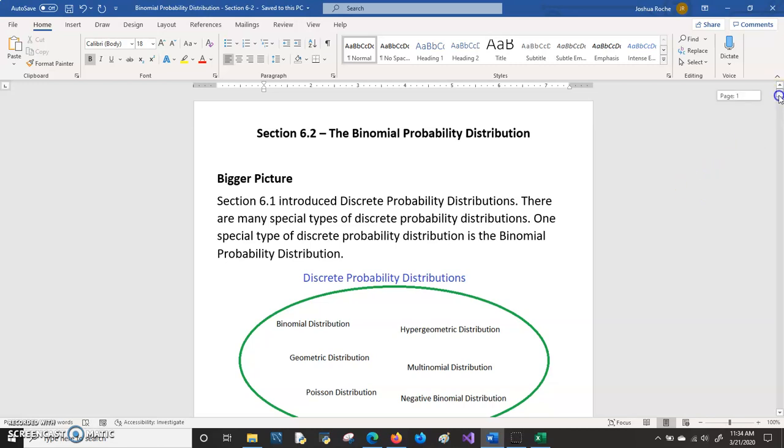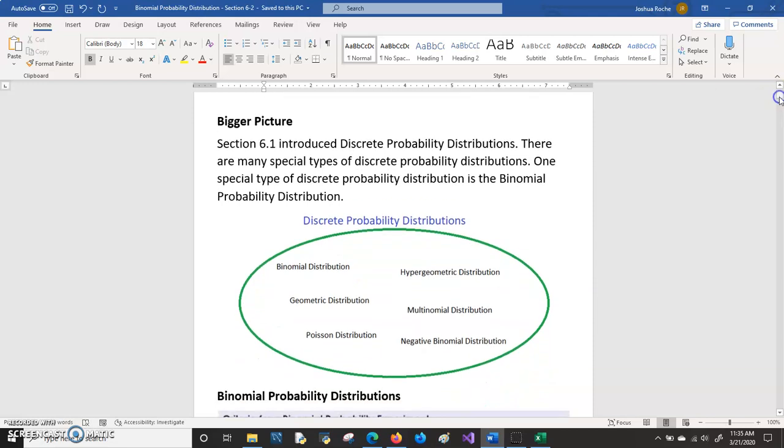But the thing to keep in mind with the binomial distribution is it's just a type of a discrete probability distribution. There are lots of different kinds of discrete probability distributions: geometric, Poisson, multinomial distribution. But the one that we'll focus on in our class is this binomial distribution.